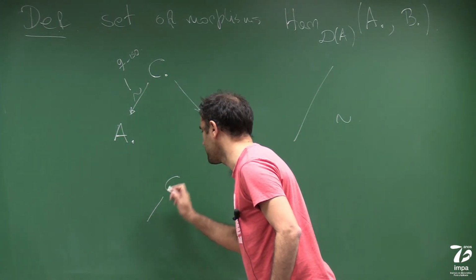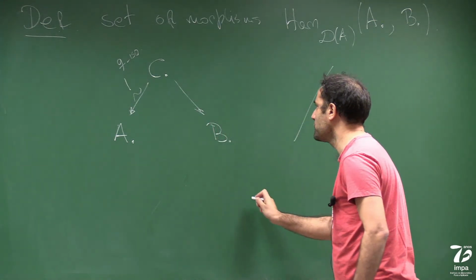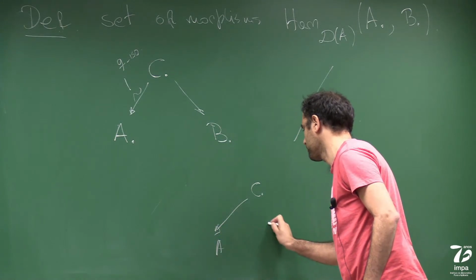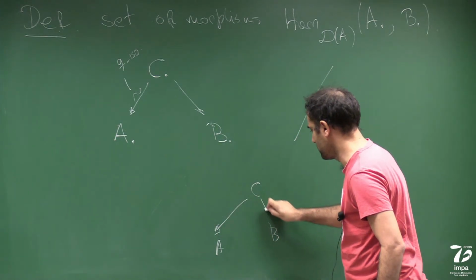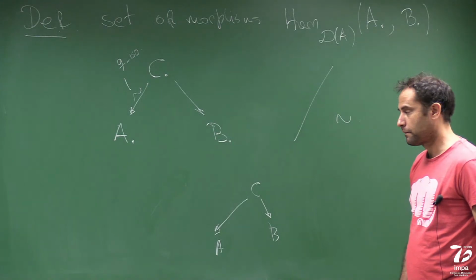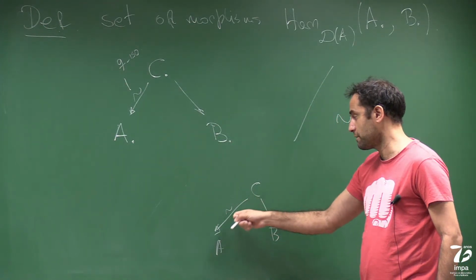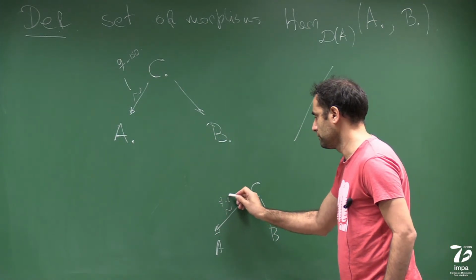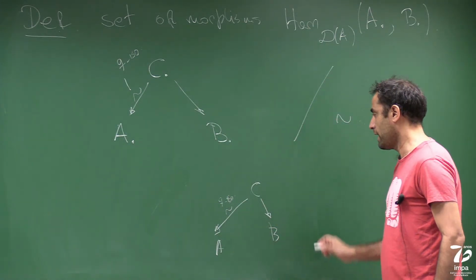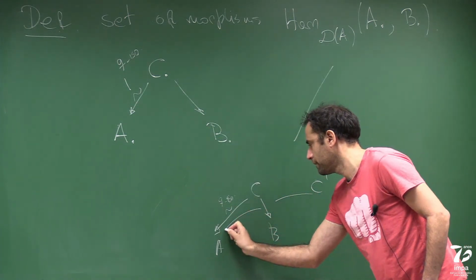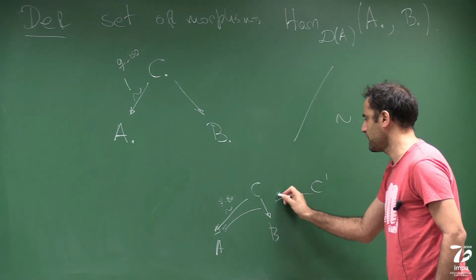So the question here is like this. Suppose that I have a morphism between A and B. Let's forget about this. These are all complexes. And now this is a quasi-isomorphism. So whenever I write this dot, it is not an isomorphism, it means a quasi-isomorphism. And let's suppose I have another guy, which is also a quasi-isomorphism.